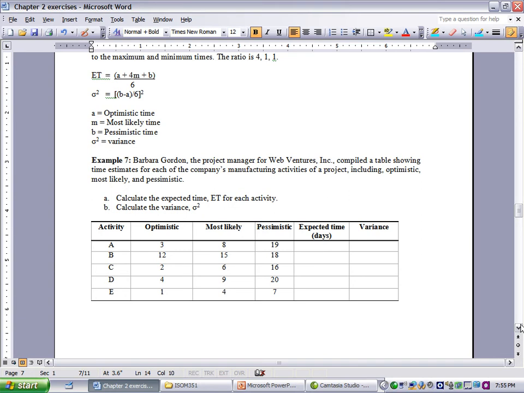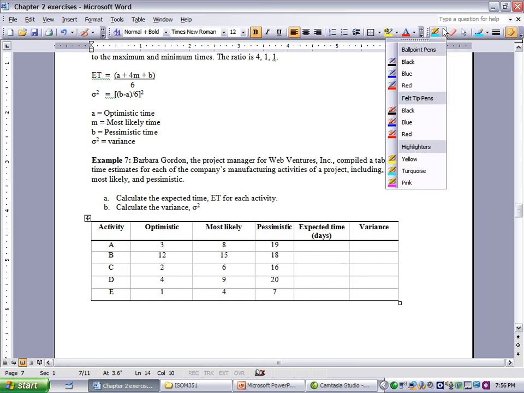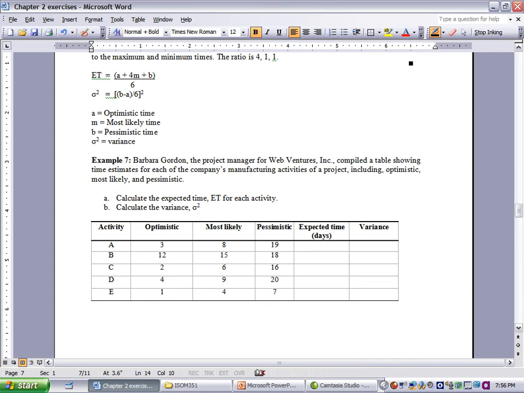For example, for optimistic, we take activity A, the expected time ET of activity A. Optimistic will be A, most likely M, and B will be pessimistic.